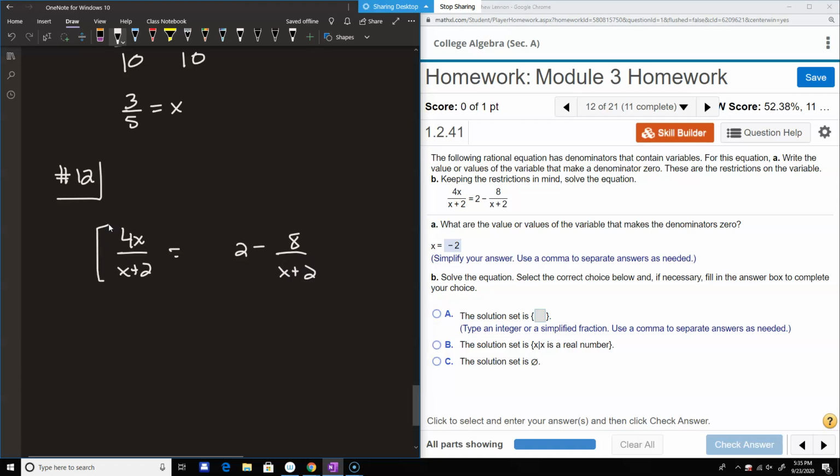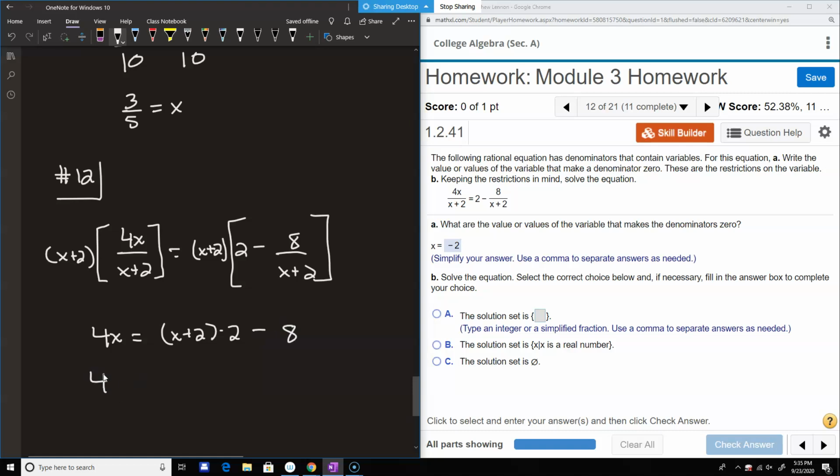So both sides get multiplied by the only denominator that exists, which is x plus 2. So the left-hand side, the x plus 2 cancels with the denominator. You only have 4x. On the right-hand side, you're going to have the x plus 2 times the 2. And then when you distribute it to the second term, it cancels with the denominator there, so you're left with a minus 8.